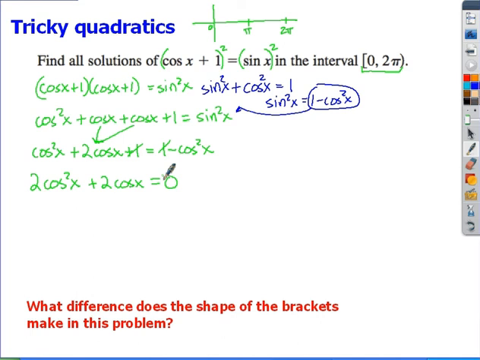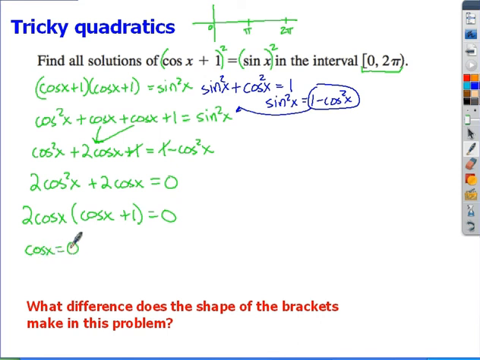So with any quadratic, we always think about factoring first. So I see a common factor there of 2 cos x, and that leaves us with cos x plus 1. All right. So now it's looking a little bit better. So basically now what we have is either 2 cosine x equals 0.